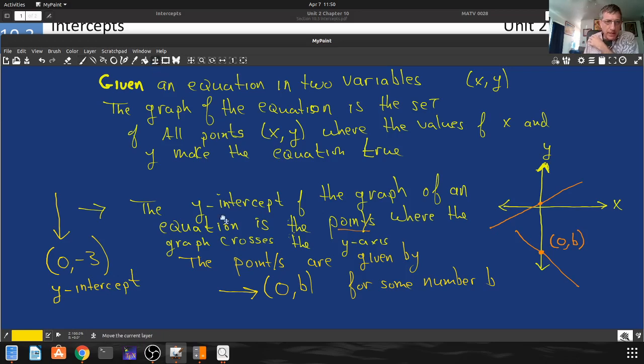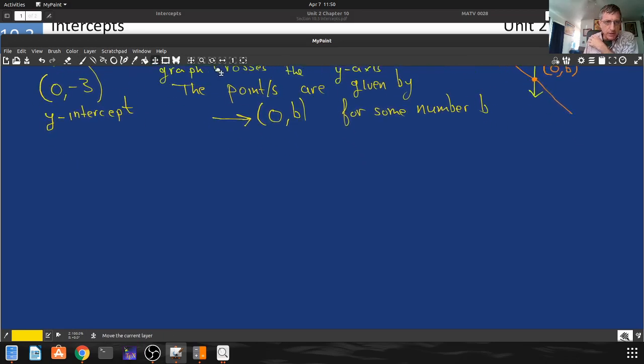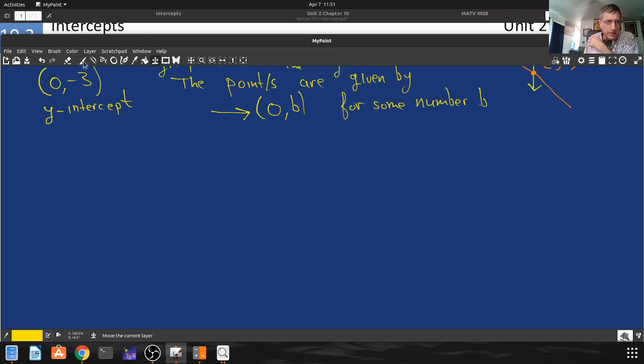One more thing, and then I'm going to show you some examples. So we have more than just the y-intercept. We also have the x-intercept.